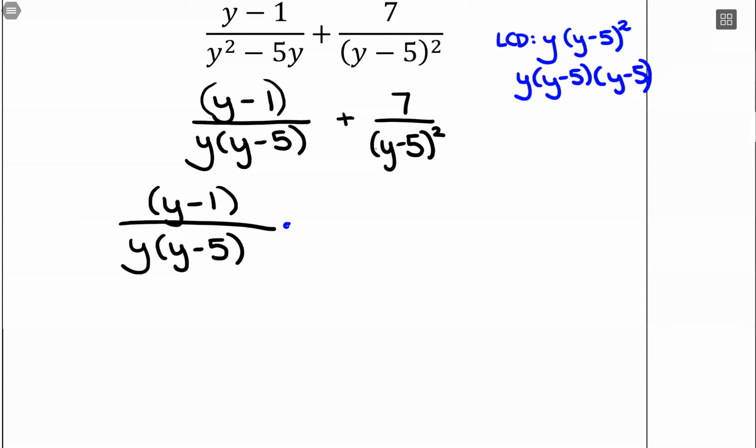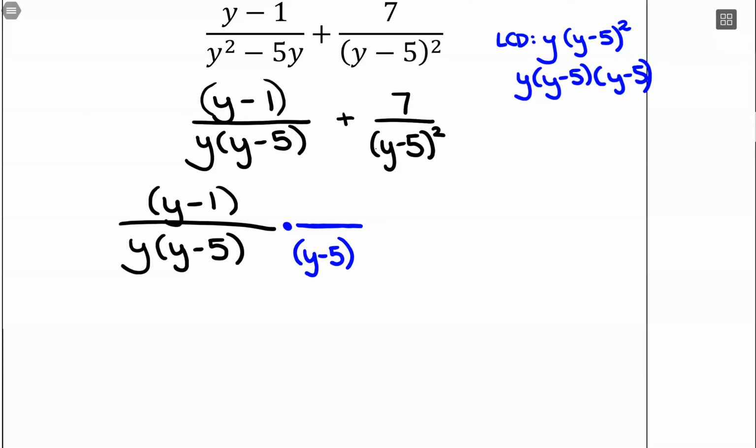So what we're going to do is multiply by a unit fraction, meaning this fraction that I create has to be equal to 1 right here. So whatever I put in the denominator, I have to put in the numerator too. And really, I'm just focused on the denominator right now because that's what I need to change. So we're missing a y minus 5, so I need to multiply by y minus 5.